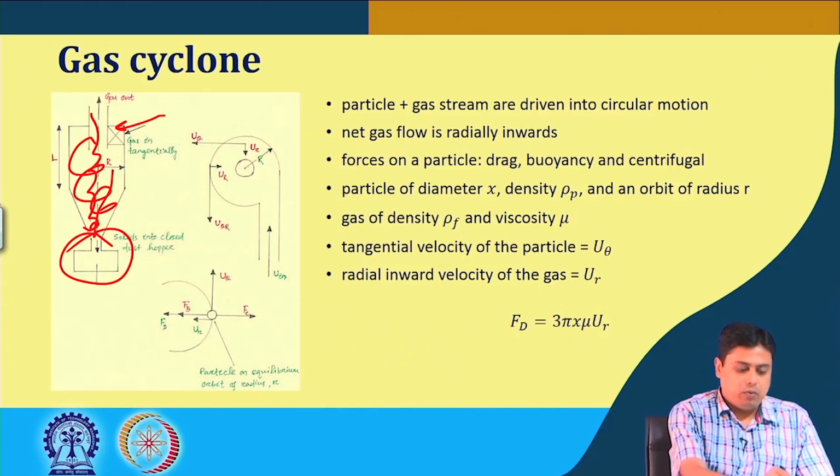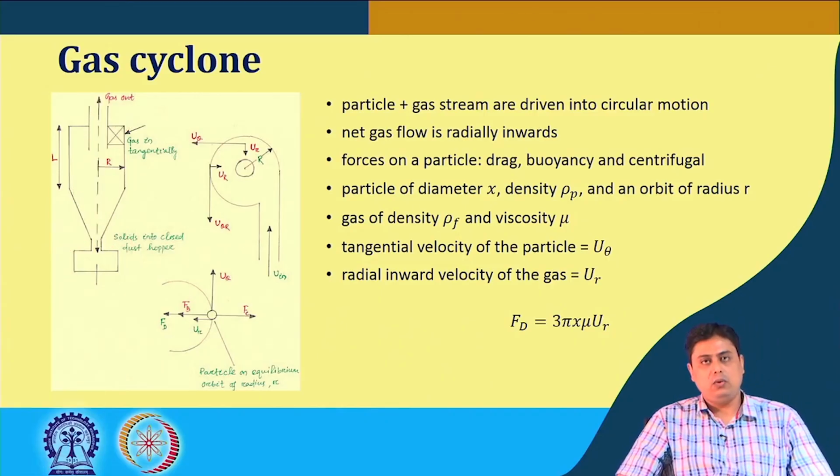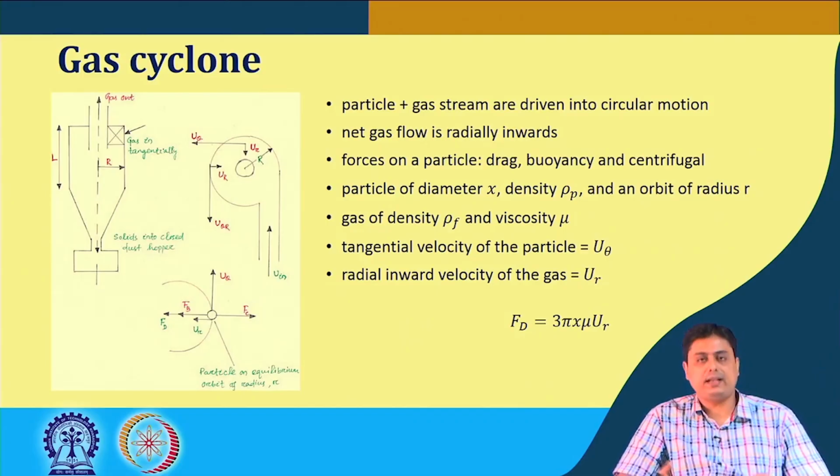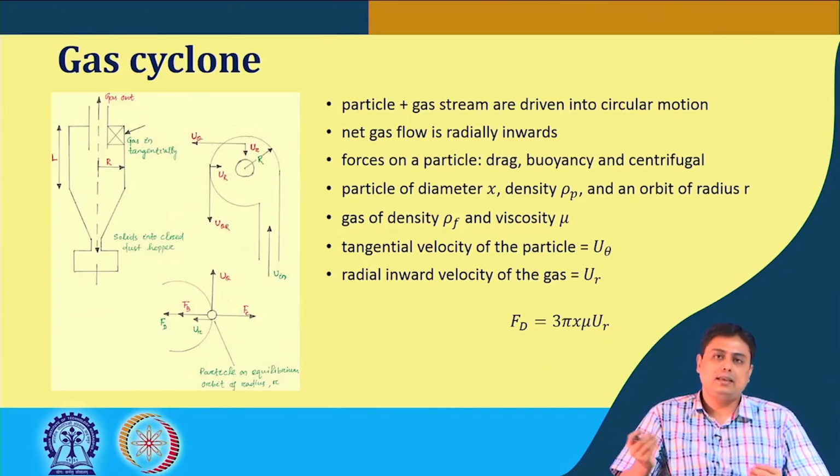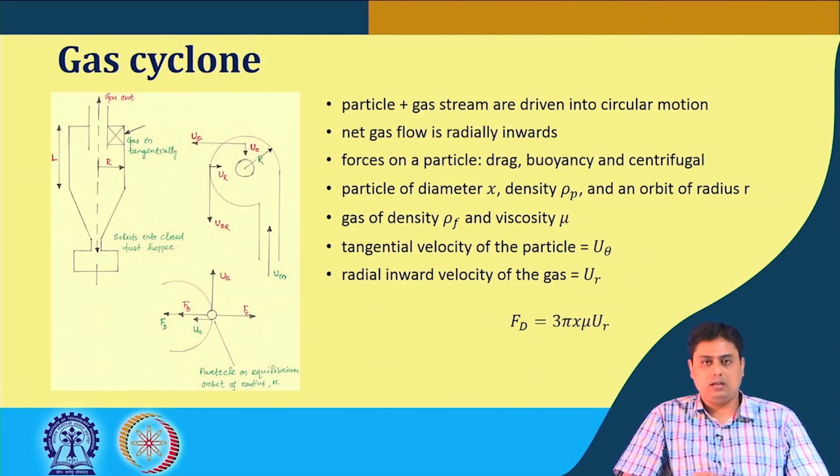So, basically the net gas flow is radially inward, and the forces acting on the particles are the drag, buoyancy and the centrifugal force. Now, the direction of the drag force: the particles are being pushed towards the wall, while the gas is inward.